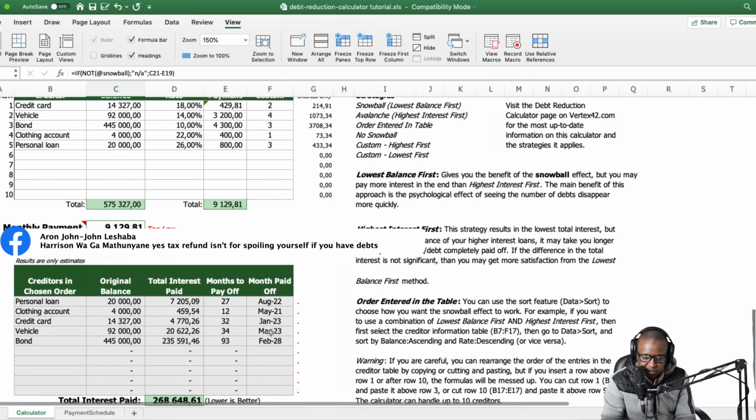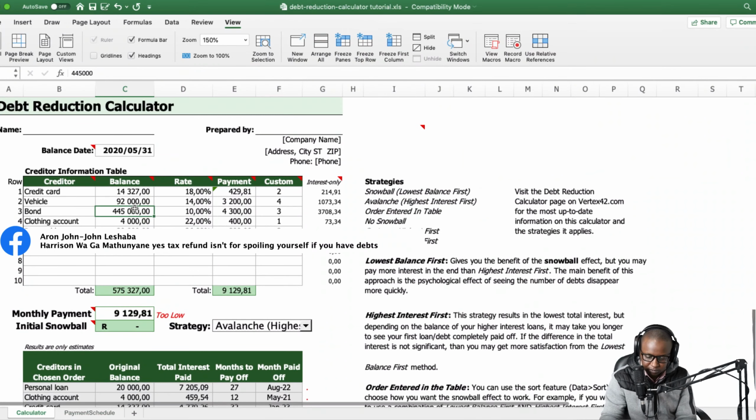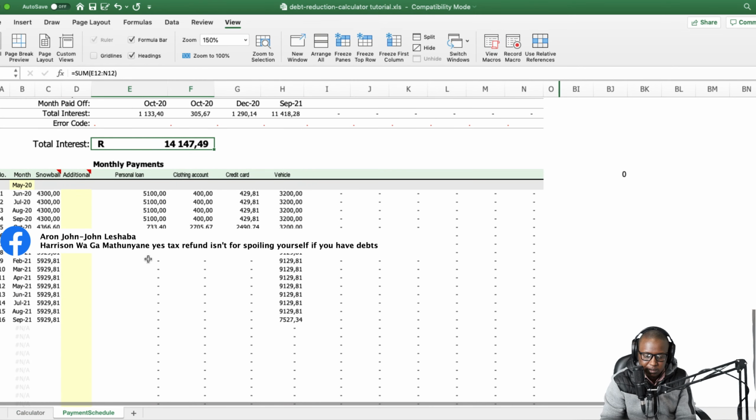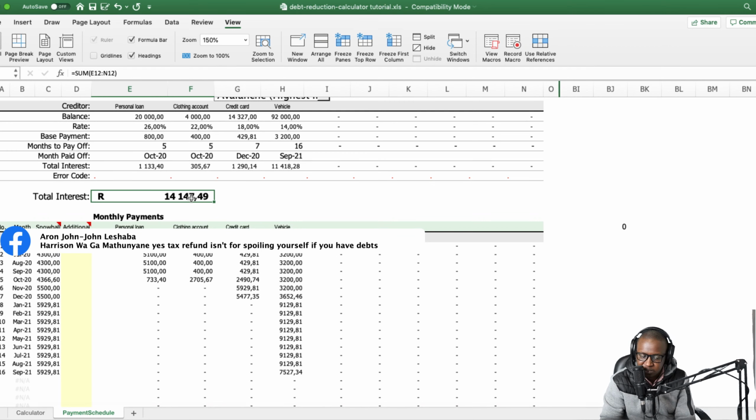The avalanche method. Okay, let me take out the bond again here, just to make it simple. So yeah, if you're using the avalanche method, you will pay interest of 14,000. You see, you've saved interest.